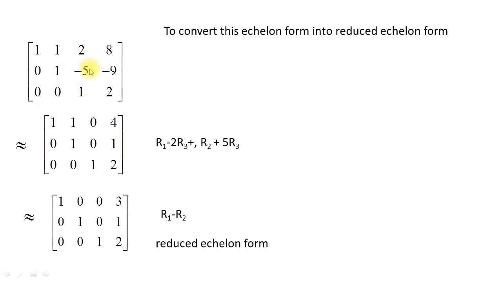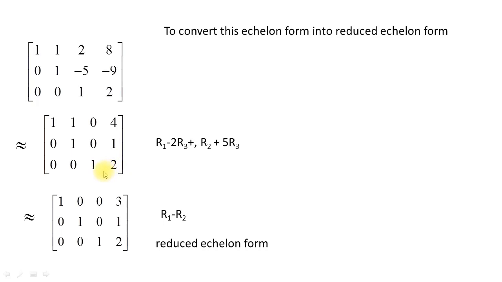Now, to convert it to reduced echelon form, we perform some more operations: multiplying the third row by 2 and subtracting the result from R2, and adding 5 times R3 to R2. We obtain a similar matrix as 1, 1, 0, 4, 0, 1, 0, 1, 0, 0, 1, 2.